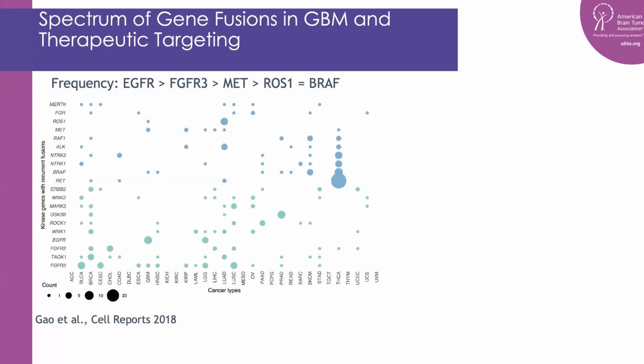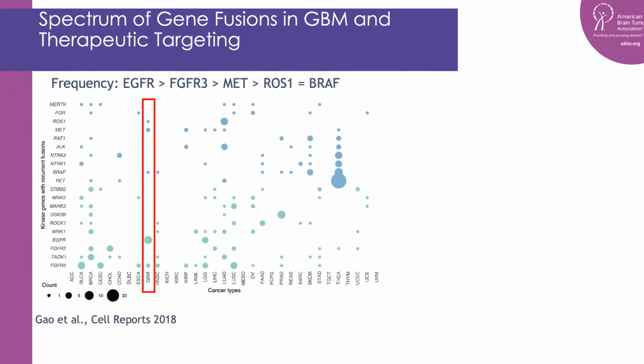And here I just want to highlight some of the more targetable alterations. EGFR is the most common, but right now not very targetable with our current drugs. FGFR alterations, MET alterations, ROS1, and BRAF in gliomas, and you can see the frequency of these alterations by the size of the dots.